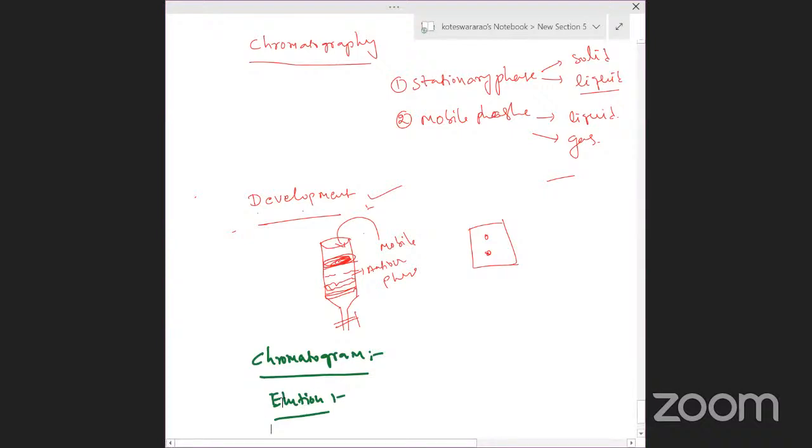The mobile phase used for elution is called eluent or eluting agent.